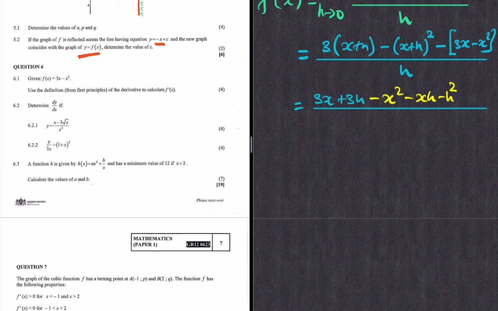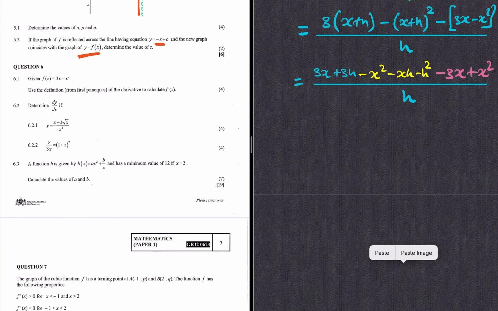Okay, so because of space, allow me to reduce this, and you simplify that as well. That is negative 3x, then a plus x squared, and you divide this by h.